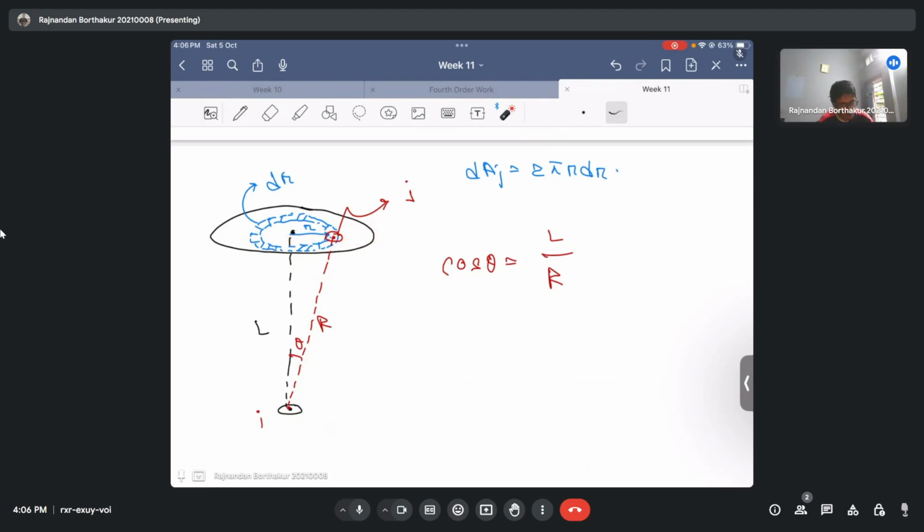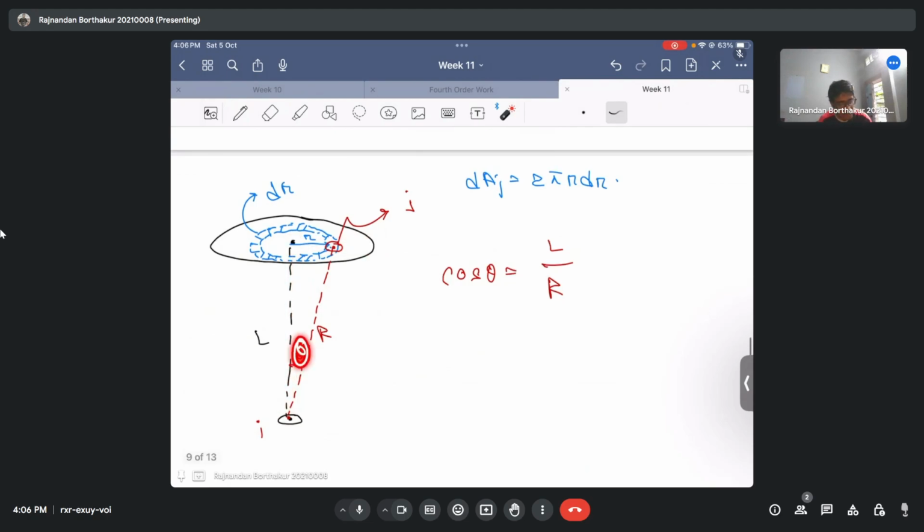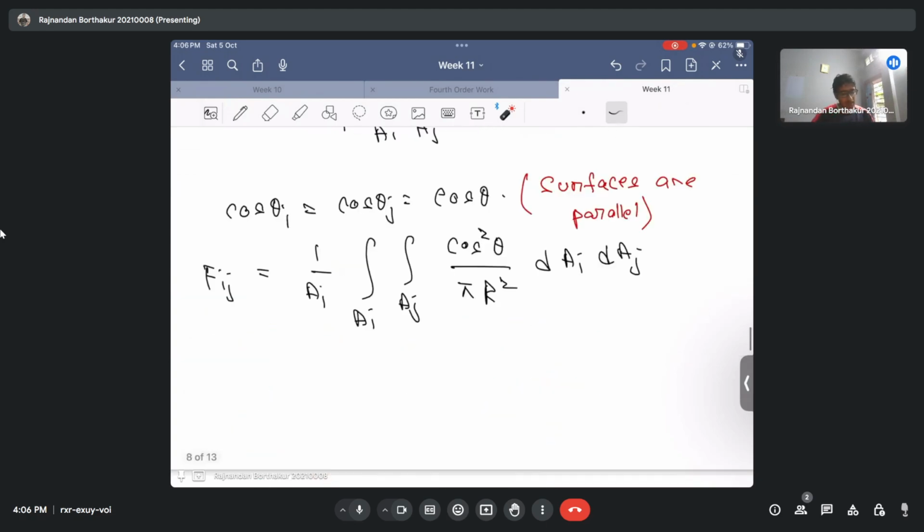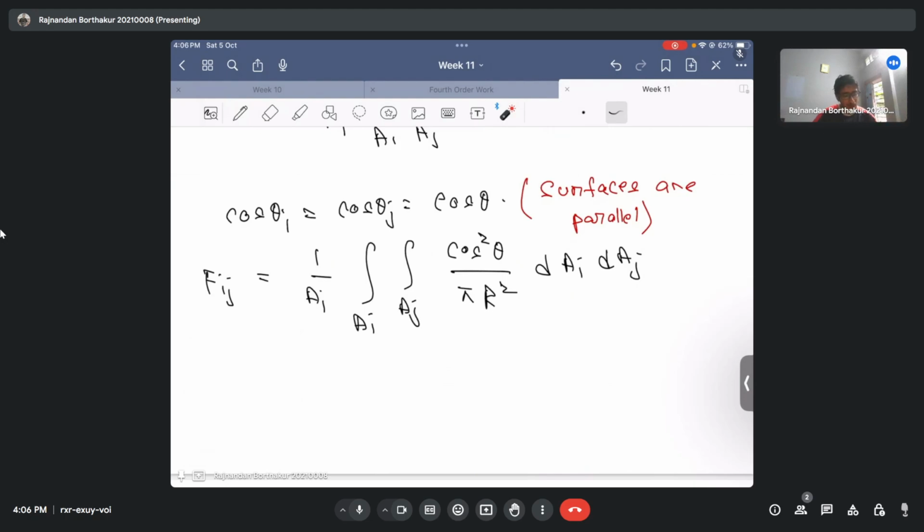That is simply because this angle cos theta will obviously vary when I move from my center to the extreme end of the disk. So we'll pick a generic theta, calculate what my Fij will be, and then integrate it from 0 to pi by 2 to be precise. Okay, so this is the idea of how we will use this Fij, and let's now try it out.